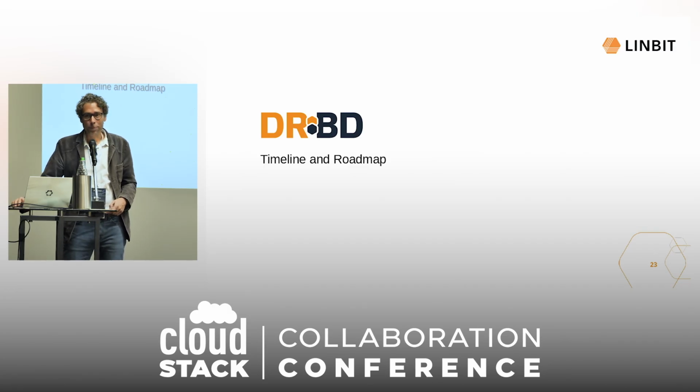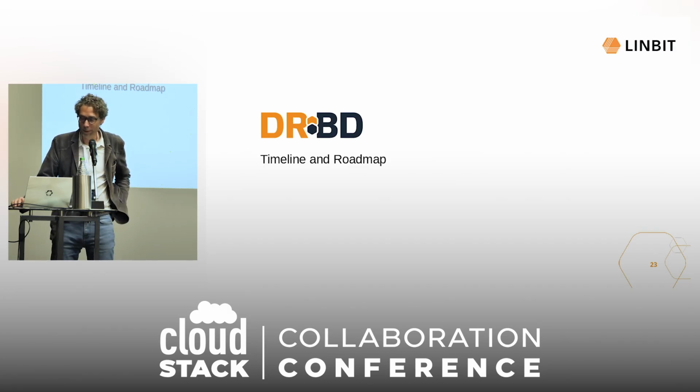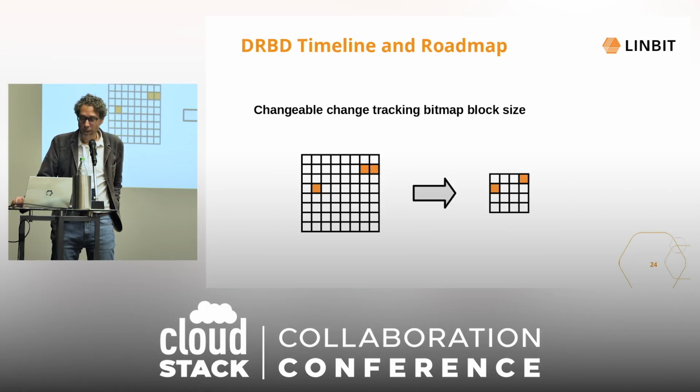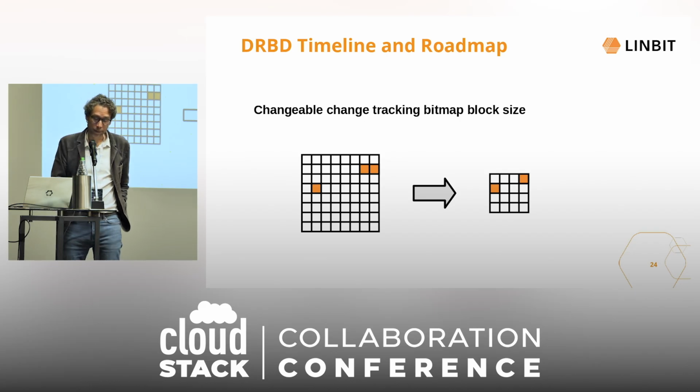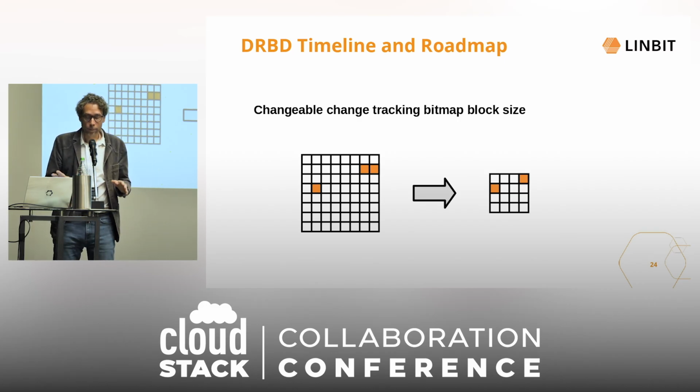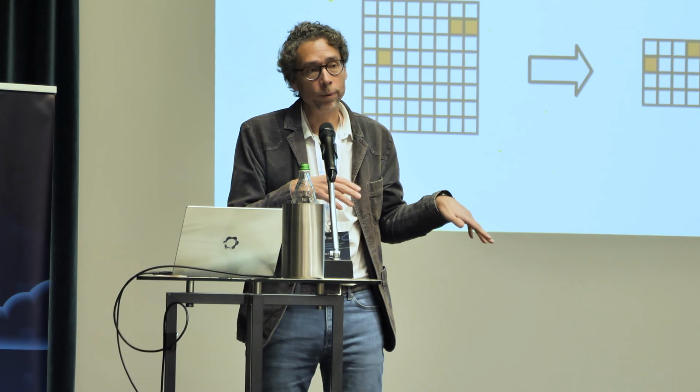Okay, the other important component, that's DRBD, the kernel driver. So also that is moving along. Recent changes, that's really very recent. In order to do efficient resyncs when one host goes down, it has a change tracking bitmap in its metadata.